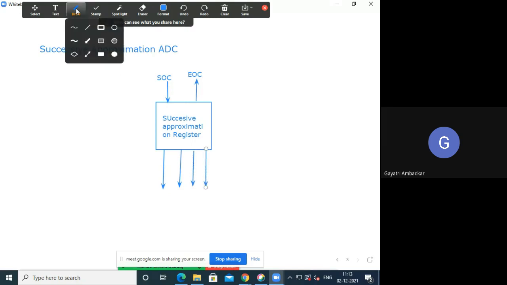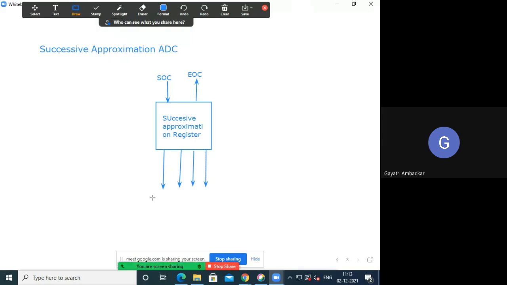Let it be 4 because I will give an example of 4. And all these bits again go to the DAC. So here again there is a digital to analog converter, DAC. This is your DAC. So these are your bit numbers 1, 2, 3, 4.